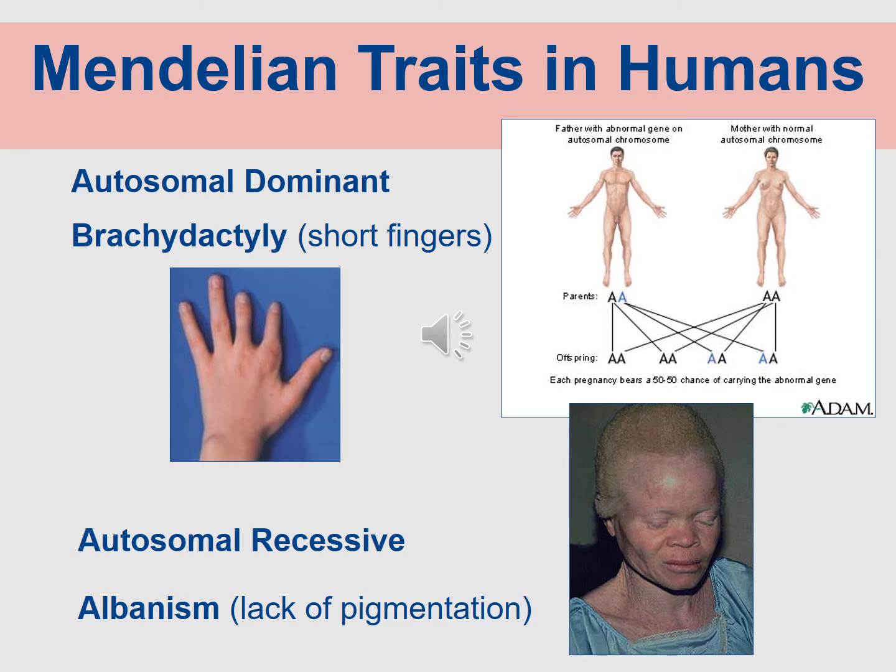Here's an example of a trait, brachydactyly, short fingers. That is autosomal dominant. You only need one allele to express that trait. If something is autosomal recessive, it means you have to have 2 copies. Albinism is an example, or lack of pigmentation. In the autosomes 1 through 22, you have to have 2 copies for it to be expressed.